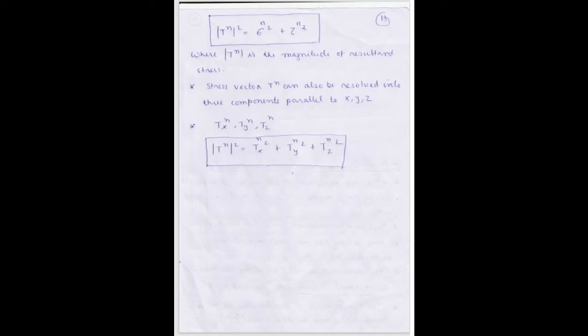So Tnx is in x direction, Tny is in y direction, Tnz in z direction. The expression is Tn square equal to Tnx square plus Tny square plus Tnz square. This is how you find the magnitude of the resultant stress vector Tn.